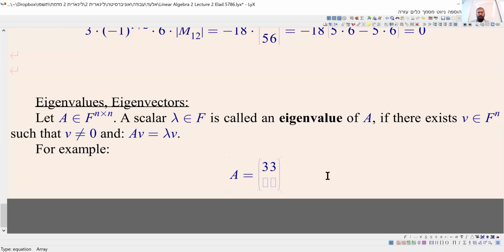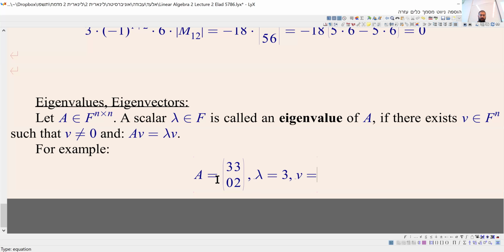Daring today, aren't we? Okay, 2, and let's have a look at lambda is 3, and which V will give me what I want.